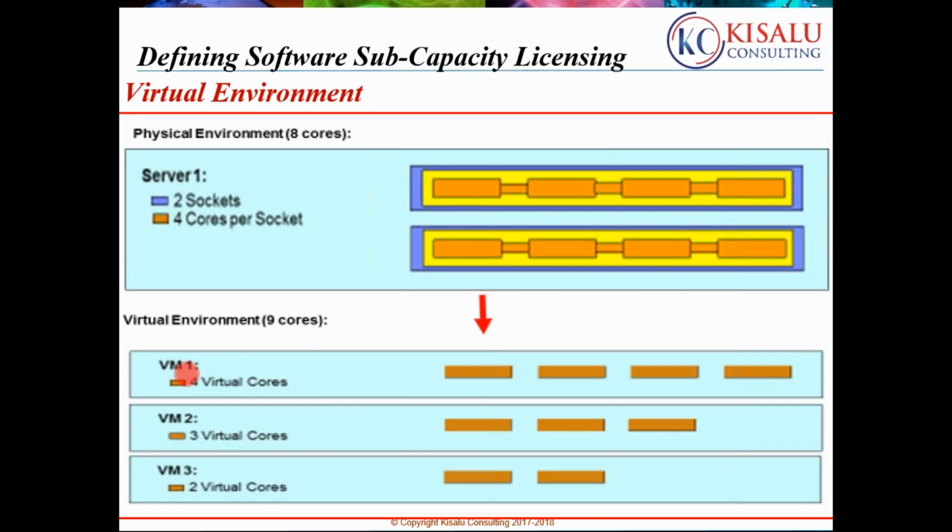So we can create VM1 and allocate 4 cores, VM2 3 cores, and VM3 2 cores. If you count, we have a total of 9 cores, which is even higher than the 8 physical cores on the machine.